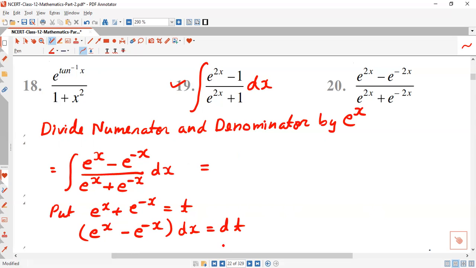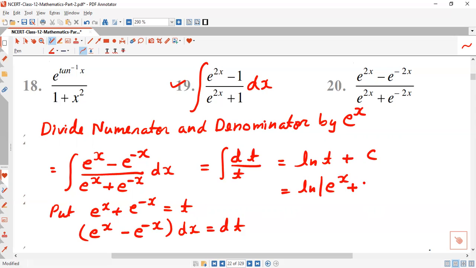After putting this value, the integration becomes dt upon t. So taking integration, we are getting log t plus some constant c. Put the value of t: log of e raised to x plus e raised to minus x plus some constant c. This is the answer.